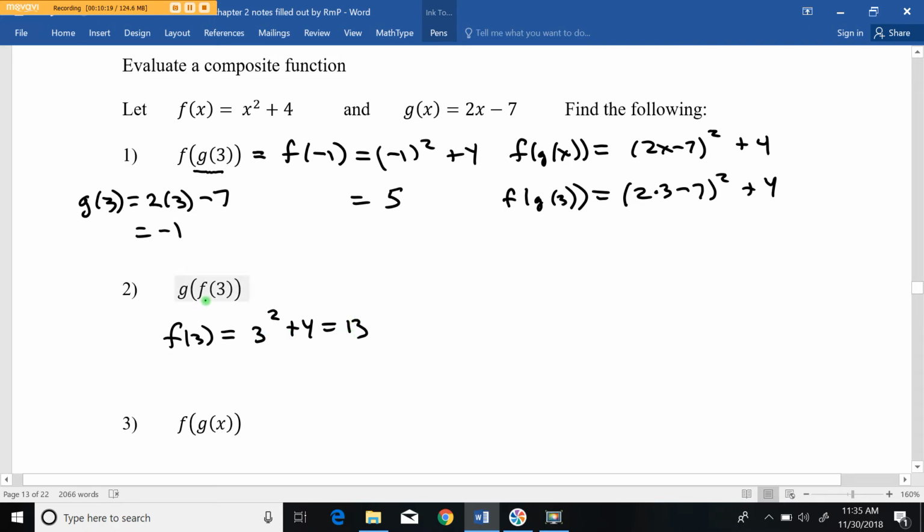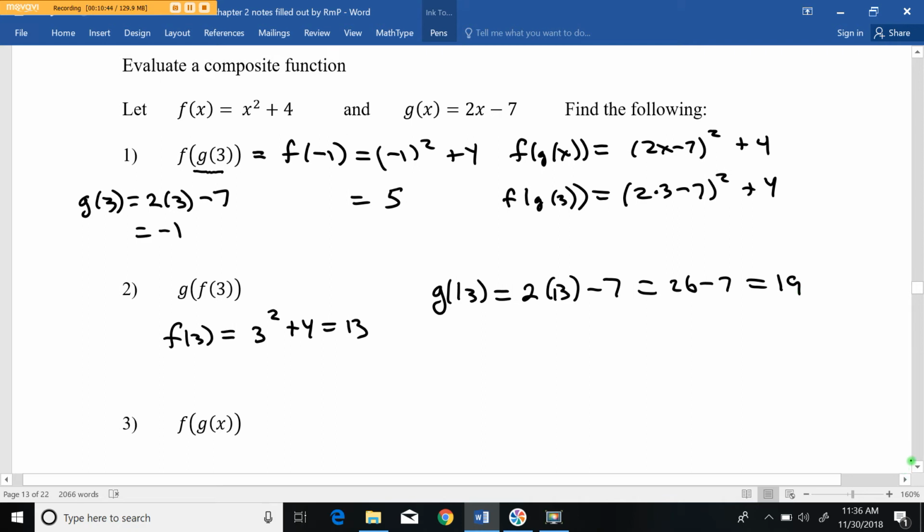And now what we want to do is to take 13. That's going to be here now, and this reads g of 13. So we look to our function g, 2 times 13 minus 7. That's 26 minus 7, 19, I believe.